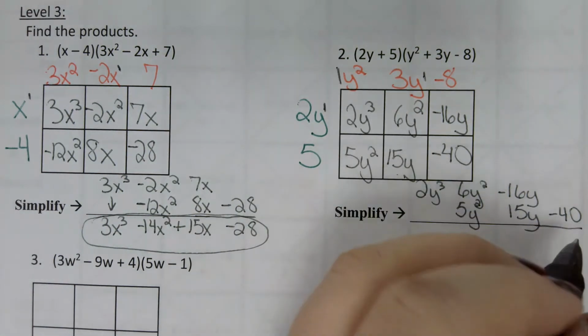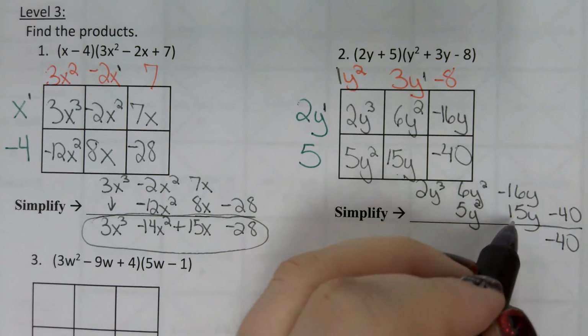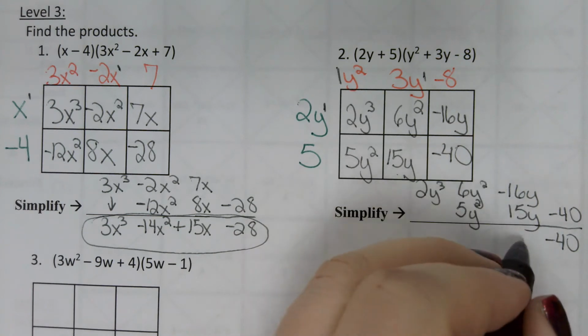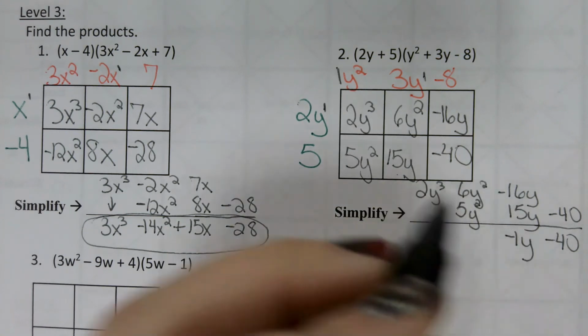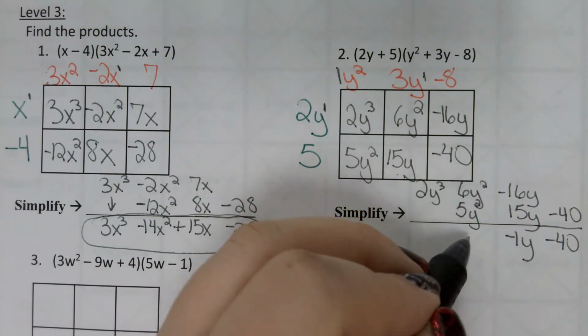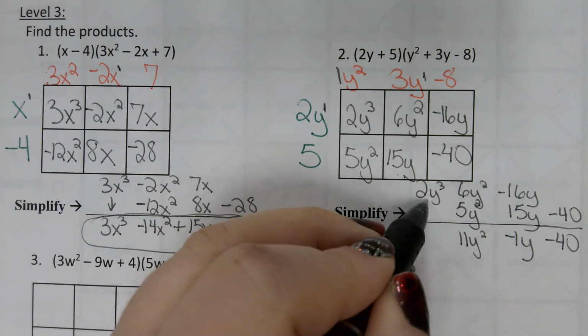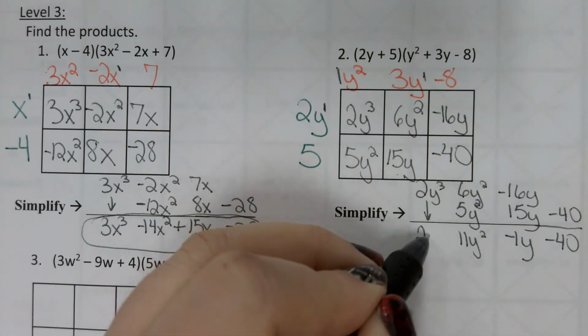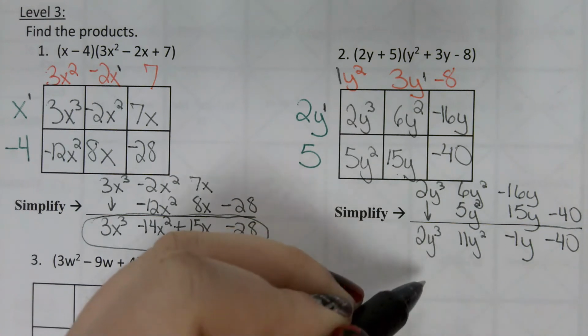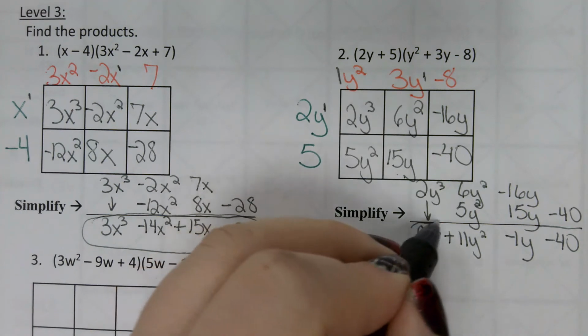Combine your like terms. Negative 40, negative 16y plus 15y gives me negative 1y. 6y squared plus 5 more y squareds give me 11y squareds. And then 2y cubed doesn't have anything to combine with, so he stays as 2y cubed. Put our addition signs where we need them.